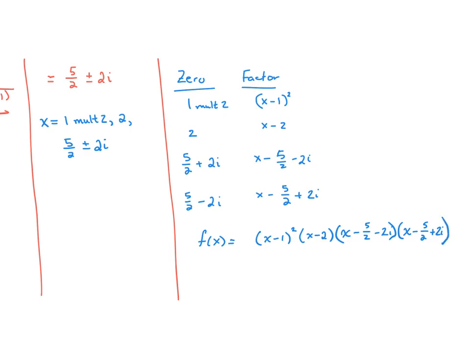Now, our leading coefficient of our original polynomial was 4. If we multiply this out now, we would have x squared times x times x times x. That's the leading coefficient of 1. So let's just multiply everything by 4. It will still have the same zeros, but the leading coefficient will now be 4 as desired.